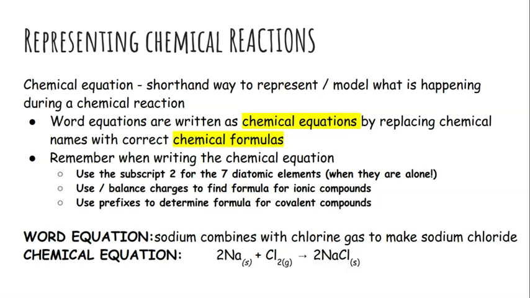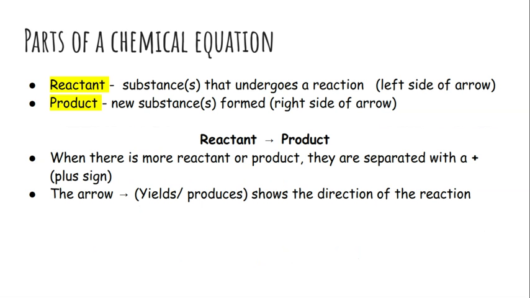So I had to write down my charges to figure out the correct chemical formula. Sodium has a +1 charge, chlorine a -1 charge, and I balance those charges to get the chemical formula of NaCl. You'll also notice that there are 2 large numbers, 2 in front of Na and 2 in front of NaCl. Those are called coefficients, and we use those coefficients to balance the chemical equation.